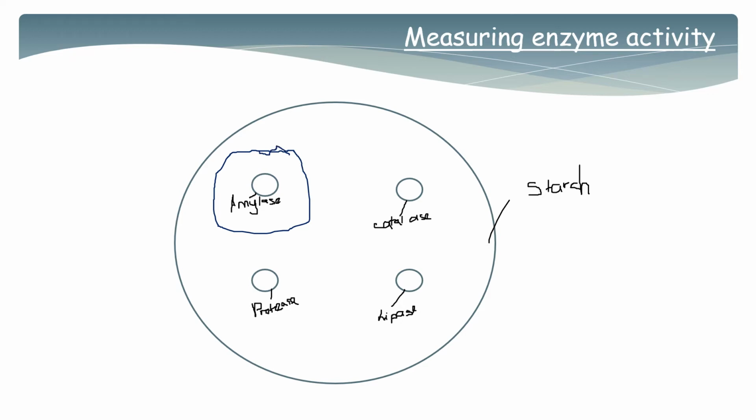And that's because, if you remember, and this should be revision, starch is the substrate of the enzyme amylase, and amylase speeds up the reaction of starch to glucose. So measuring this clear zone gives you an indication of enzyme activity.